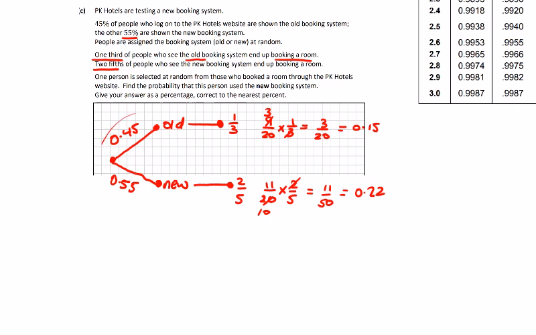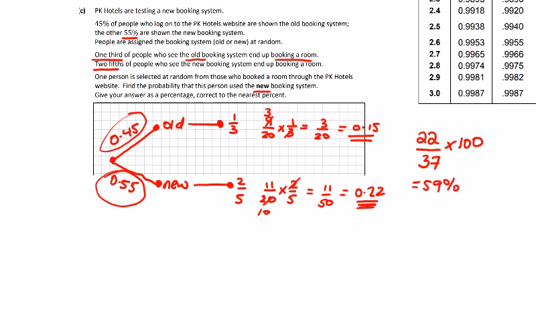Because they're adding up to 1, we can say that 15 people booked the room and 22 people booked the room. So 37 people booked the room overall. And we're asked for the probability that the person used the new booking system. Well, 22 of them booked the room from the new booking system. So it's 22 out of the total 37, which is equal to 59%.